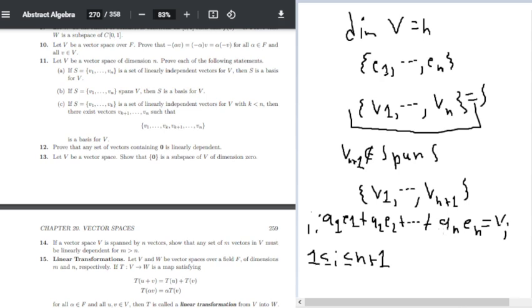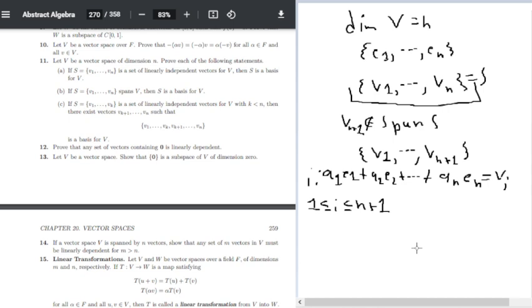So let's think here. So we have greater equations than unknowns, right? So, oh gosh.